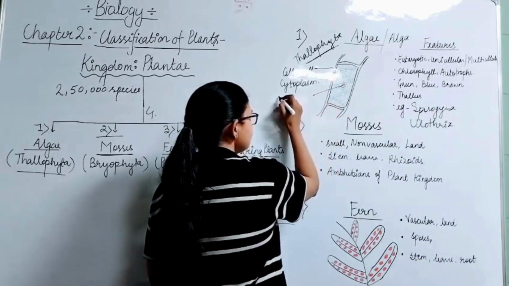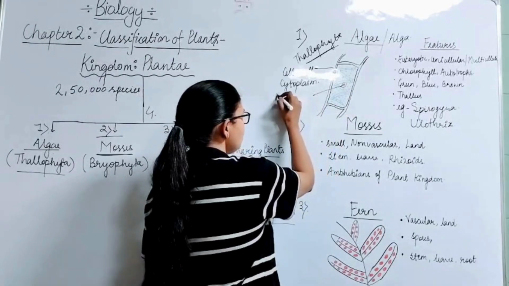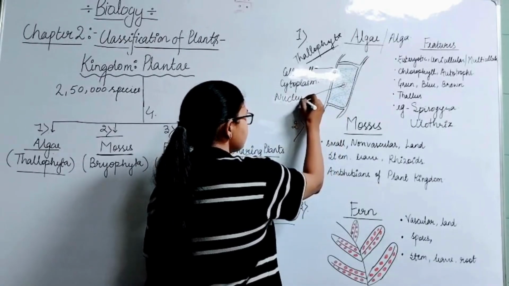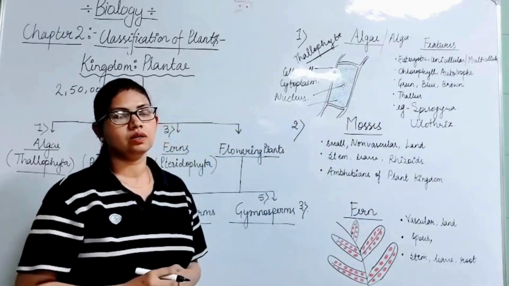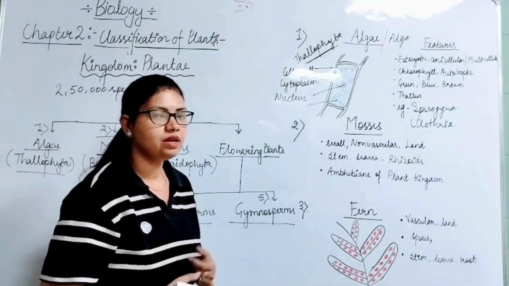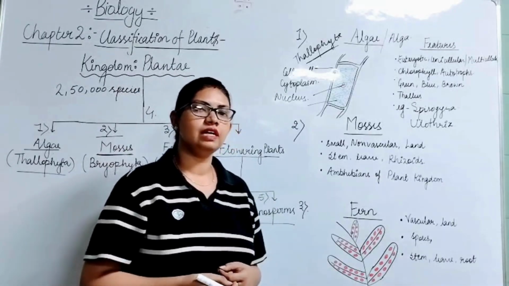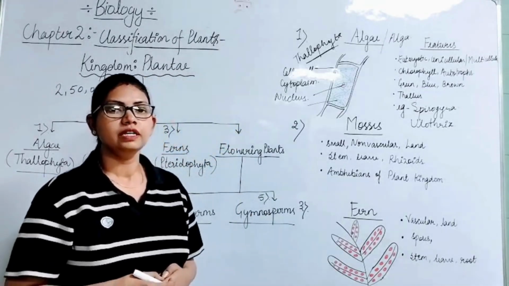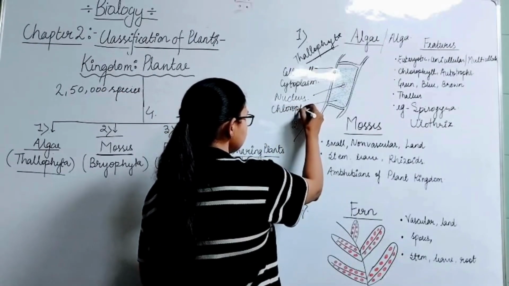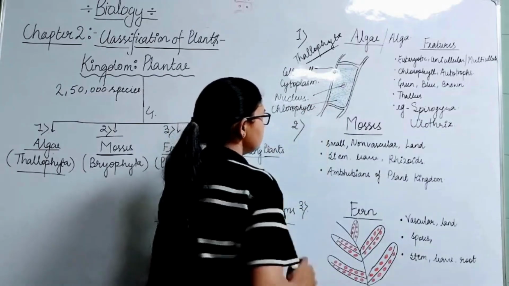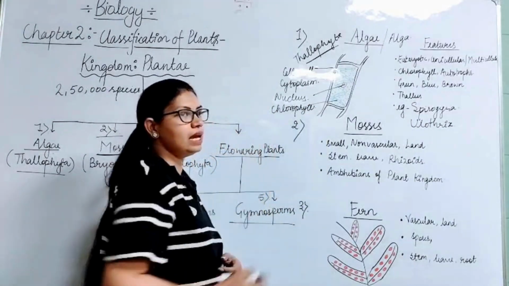This center part, the genetic material, is called the nucleus, and this green color part is called chlorophyll. So Spirogyra, due to the presence of chlorophyll, comes under the category of green algae. So this is chlorophyll. Okay, so this is about the algae.